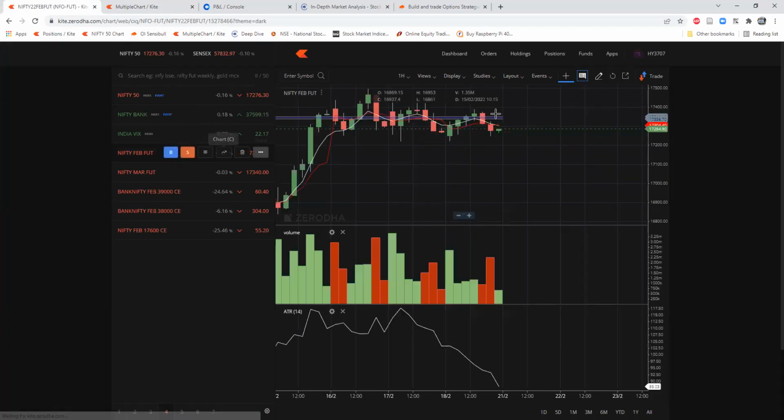So I open, for example, the February chart in greater detail with a few more indicators.